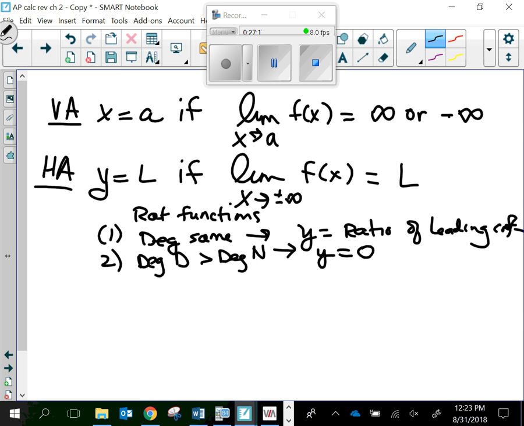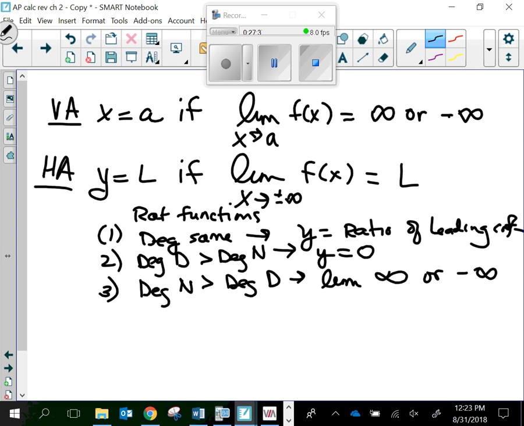Okay. If the numerator is bigger than the denominator, what does that mean? Right. So what's the limit? The limit would be this or this. I know we got off of horizontal asymptote, but as long as we were going there.